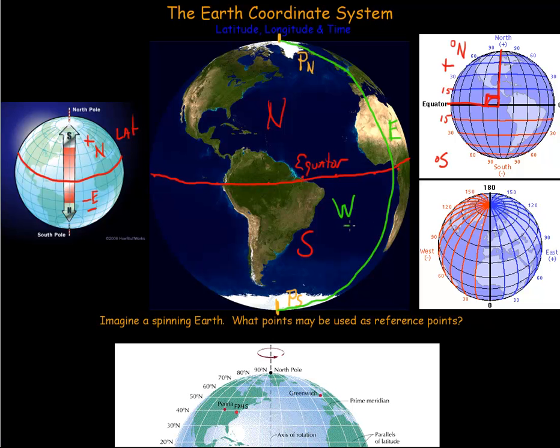These are the minuses, and these are the pluses, just like these are the pluses and these were the minuses. And this time we go 180 degrees, because we can go 180 degrees this side all the way around, and 180 degrees this side all the way around. So we now have an eastern and a western hemisphere, as well as a northern and a southern hemisphere, and from that we can find any point on the planet.